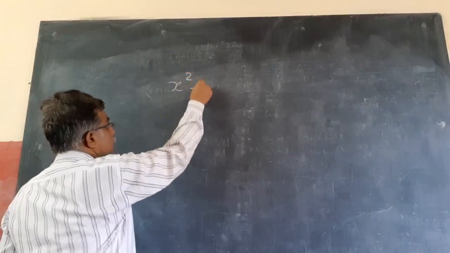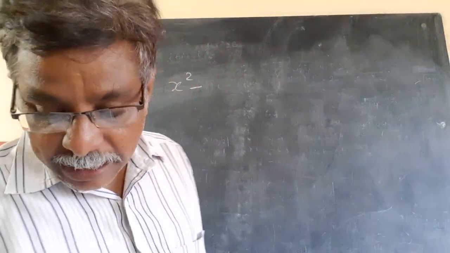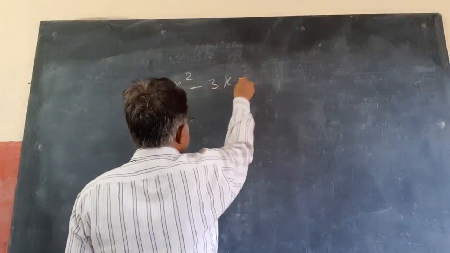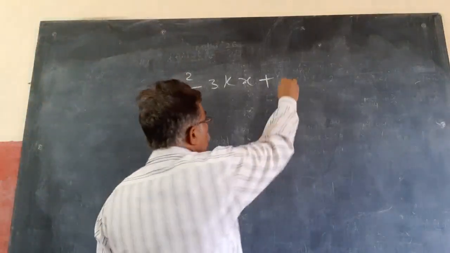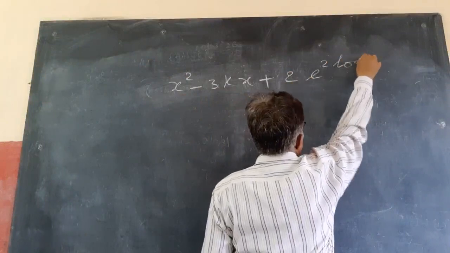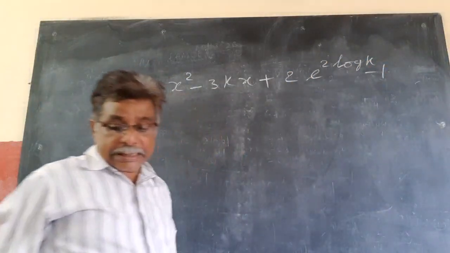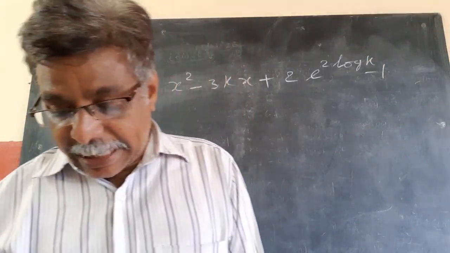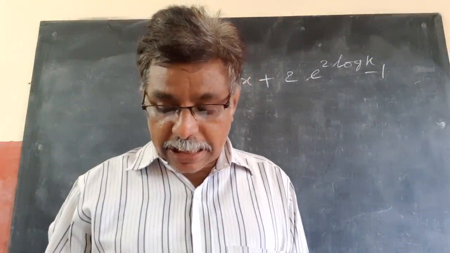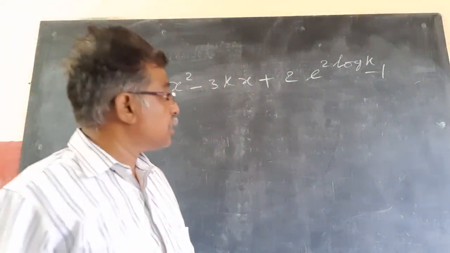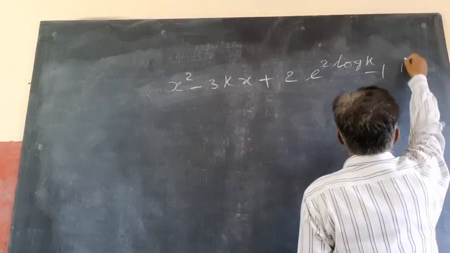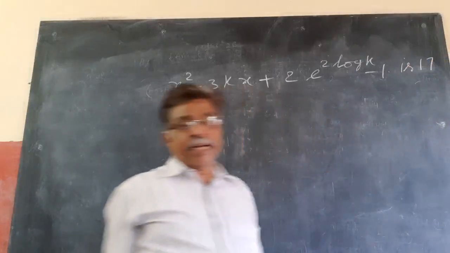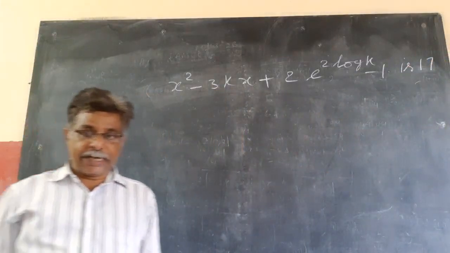If the product of the roots of the equation x square minus 3kx plus 2 into e power 2 log k minus 1 equal to 0 is 17, then find k.